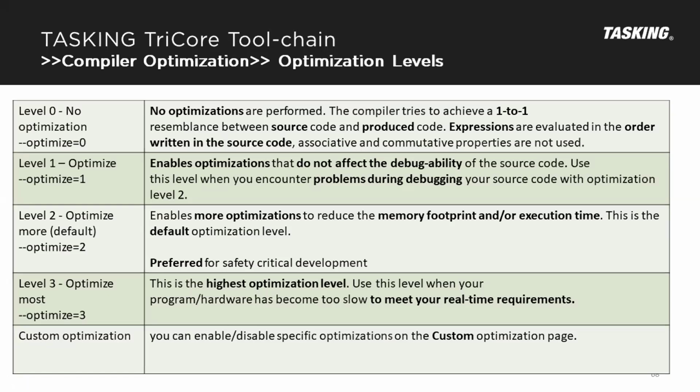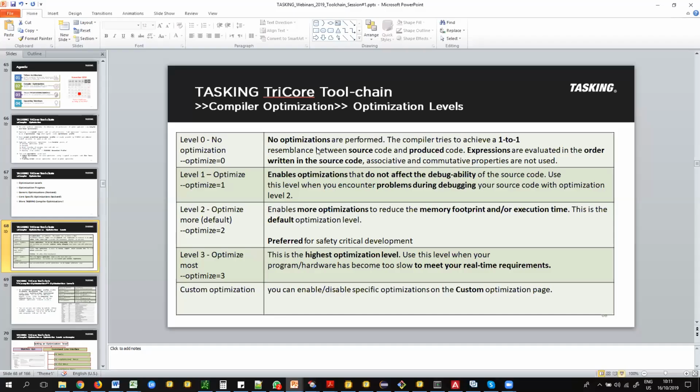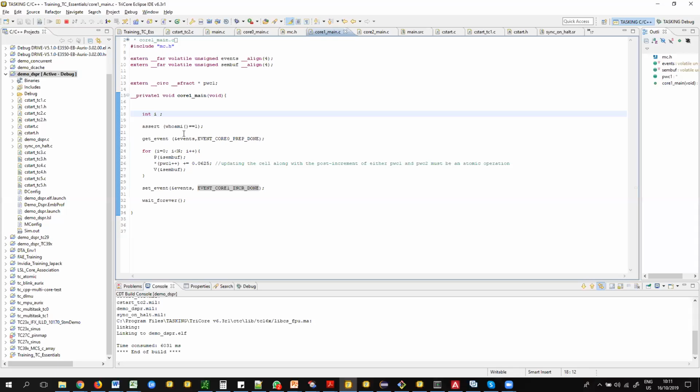I would like to show it to you in real life, not only in a presentation. So I will jump quickly to the toolchain. This is the toolchain provided by Tasking. It's an Eclipse-based toolchain, and I have more than one project here.